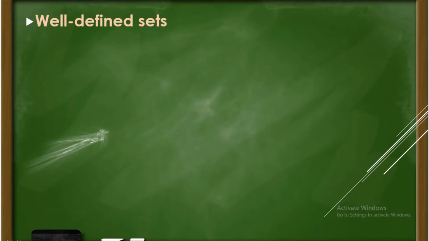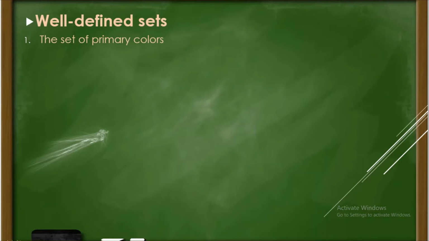So, we have here the well-defined sets. For example, the set of primary colors. So, we can say that the set of primary colors is a well-defined set. Kasi nga, wala nang iba pang primary colors. Tatlo lang talaga.